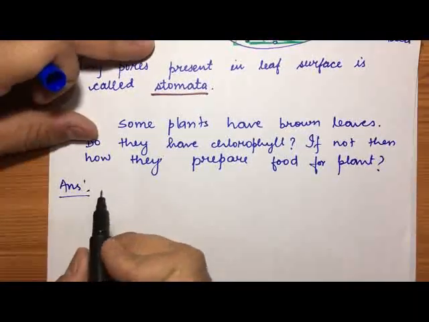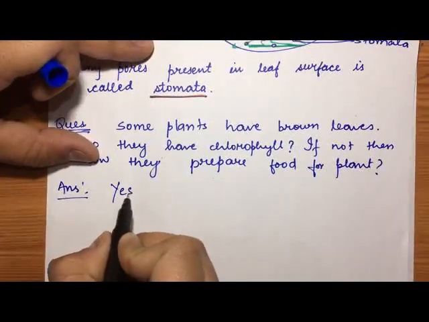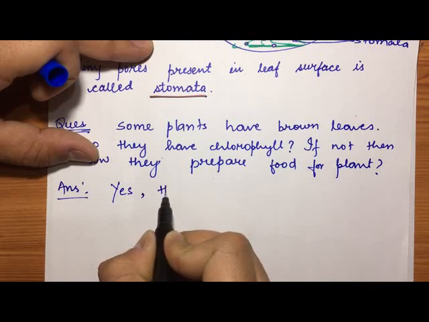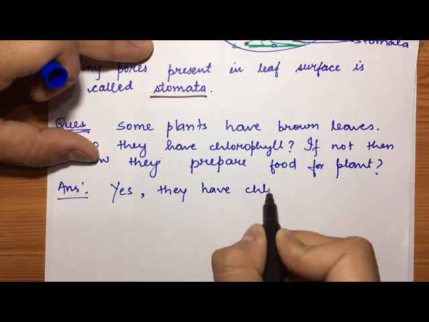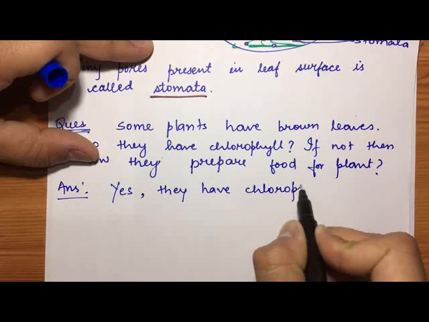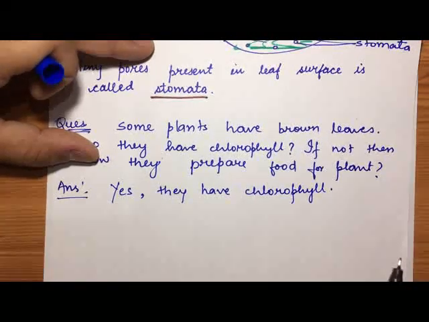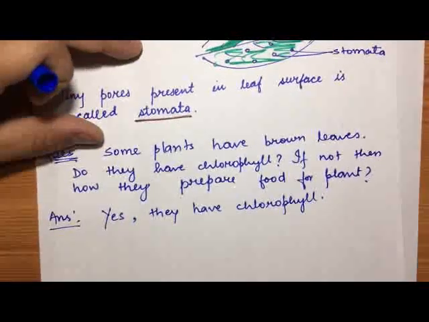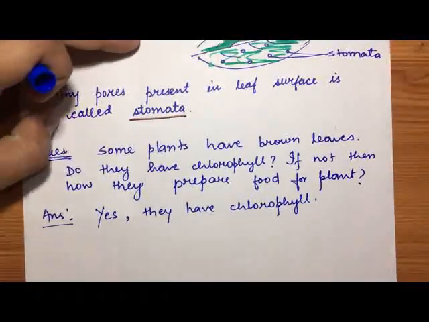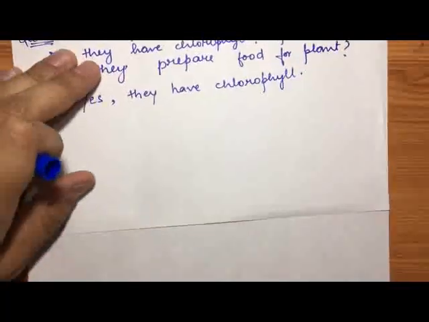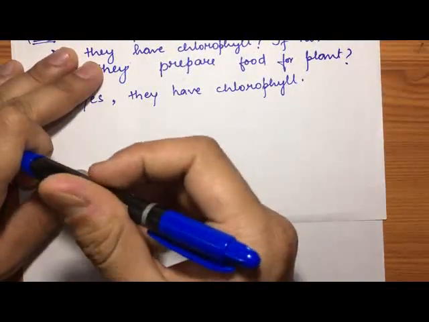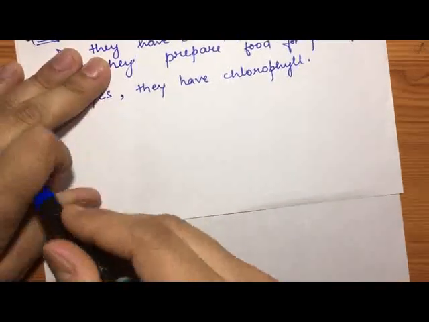What should be the answer? Yes, they have chlorophyll. Now another question: if they have chlorophyll, then why are those not green in color? Okay, so I'm showing it to you. Suppose that there is a leaf.